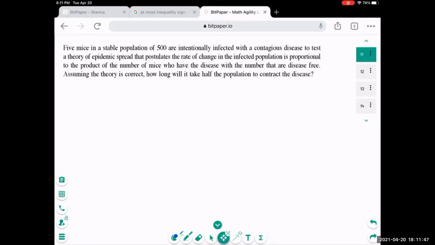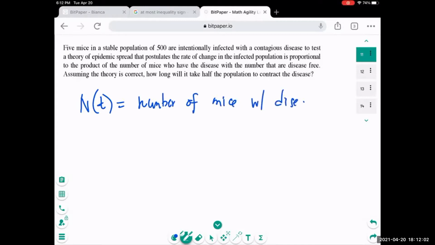So the first thing we need to do is define the variable. Let N(t) be the number of mice with disease at any time t. We have an initial condition of N at time 0: we already have 5 mice who got infected with the disease.